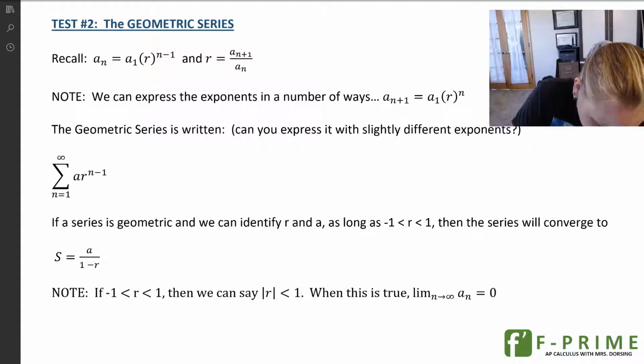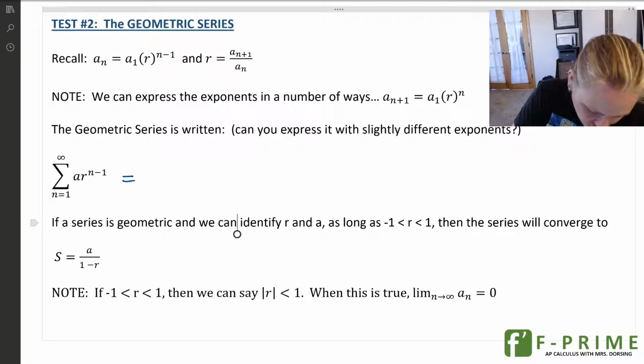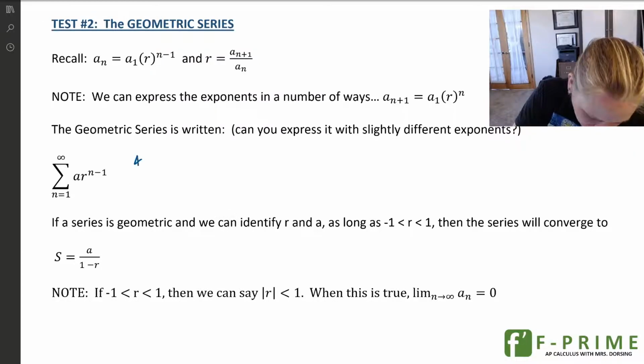You're not locked into these exponents. Exponents may appear different.